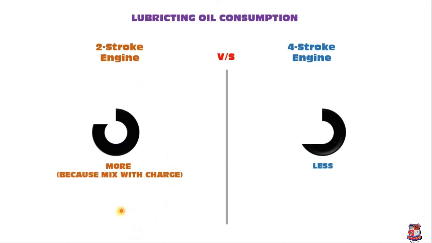And we all know that we are storing the lubricating oil inside the crankcase, and in 2-stroke engine our fresh charge mixes with the oil, and some portion of the oil goes into the cylinder, so there will be more requirement of lubricating oil.